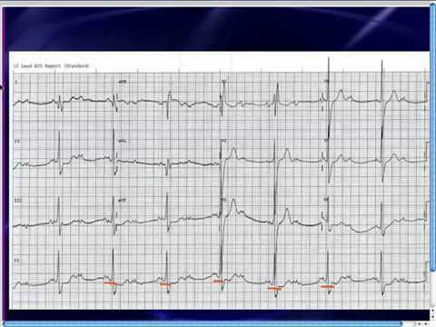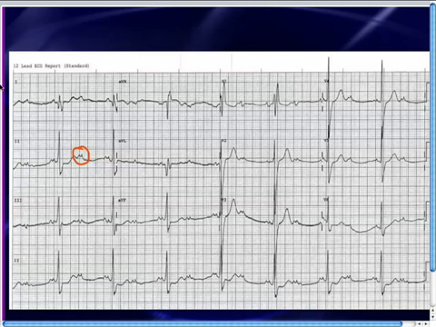A couple other things that you also happen to notice is that these P waves are kind of bizarre morphology. They are double-peaked, or some people might refer to that as a bifid P wave. I don't know how to pronounce that word, but a double-peak P wave, and it's also kind of a wide P wave.